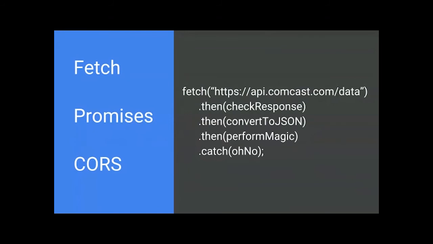It's basically like placing an order at a fast food place for a burger, and eventually it will get resolved: either you'll get the burger or you'll have an error, and then you have to catch it and say, oh no, get me fries or something else instead. And CORS, again, allows you to make cross-origin requests, and it's a great way of separating out your API from your UI.